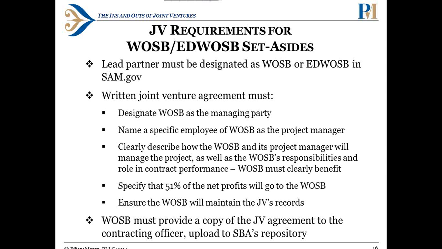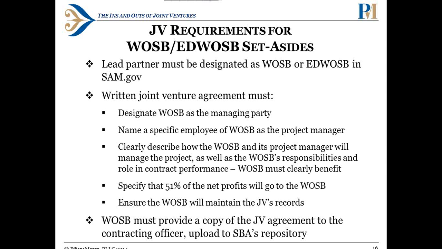I put at the end here, ensure that the WOSB will maintain the JV's records, because we had a case that turned specifically on that issue, and the SBA, although the parties had an arrangement to electronically store the records, said that wasn't sufficient. They needed to be physically housed with the WOSB.